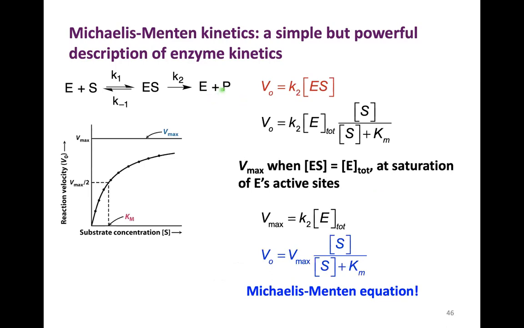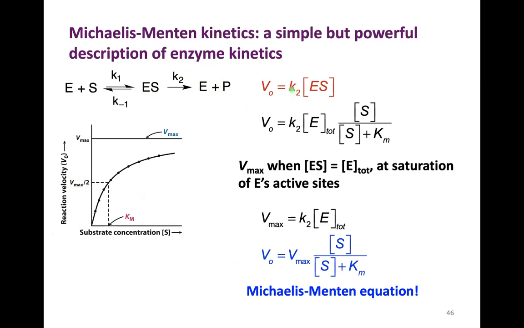The initial velocity is a definition of the formation of the product. The only way we can get to product is going from the Michaelis complex with the kinetic rate constant of K2. That will give us our initial velocity.